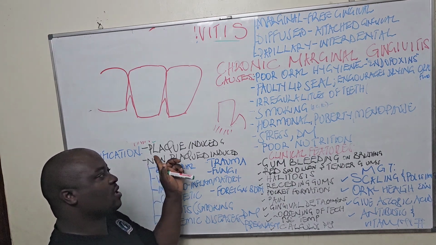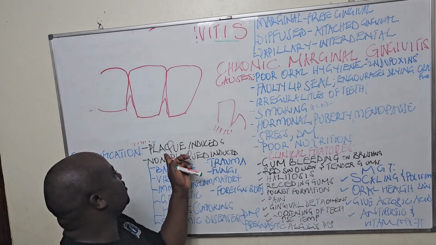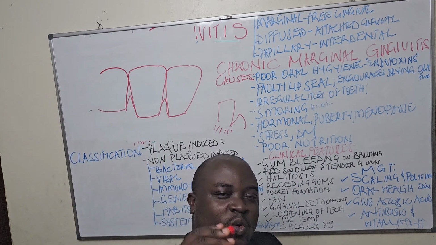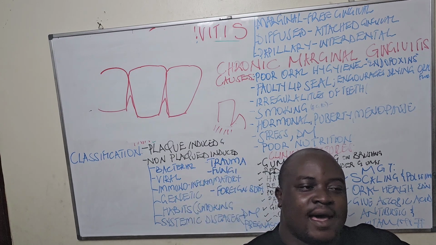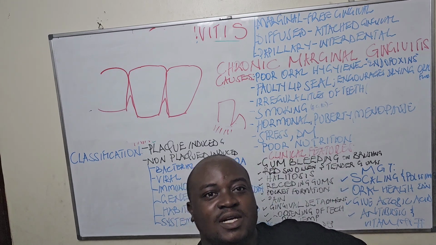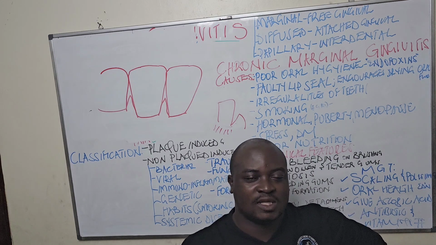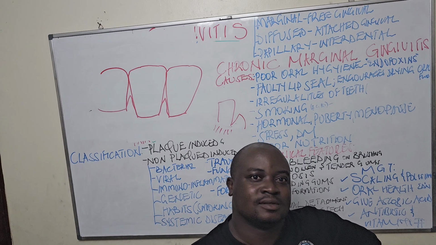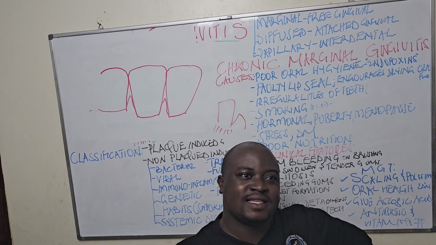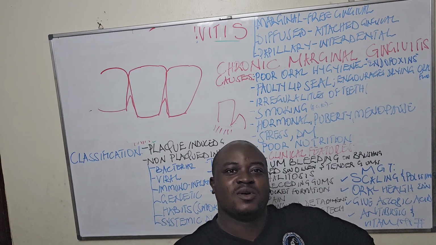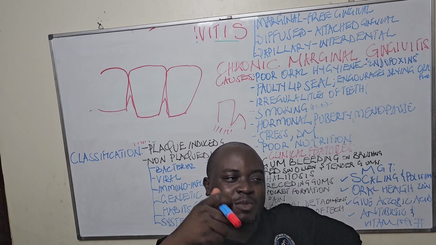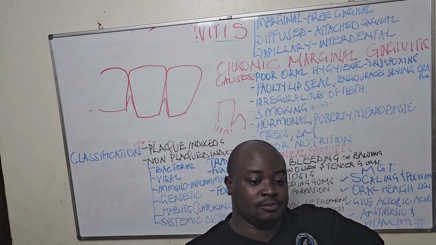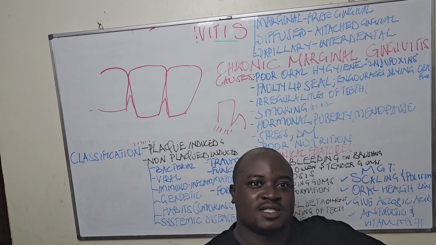Remember we also talked about another part called plaque. We said once you have microbial deposits on the teeth, these microbial deposits can have bacteria. This bacteria is responsible for gingivitis, because bacteria will always secrete endotoxins.